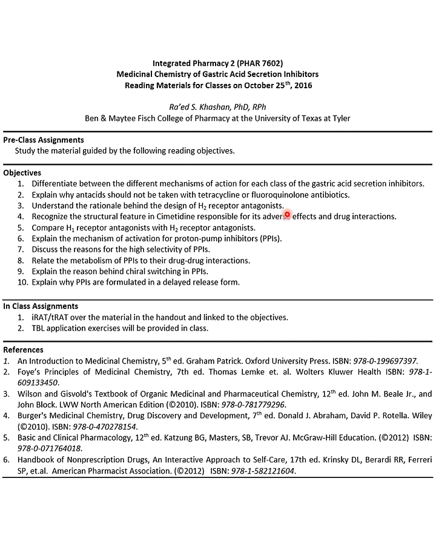Then understand the rationale of design of the H2 receptor antagonist. There's a nice story in the notes about someone who won the Nobel Prize for his discovery of the H2 receptor antagonist. Then recognize the structural features. There's one structural feature in cimetidine that's responsible for an adverse effect, not that horrible, and for drug interactions, that could be avoided.